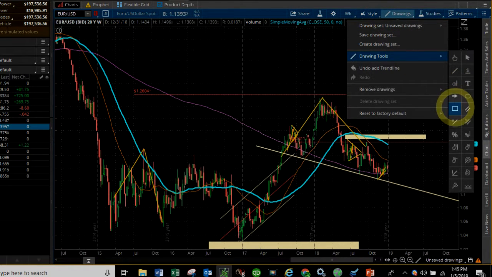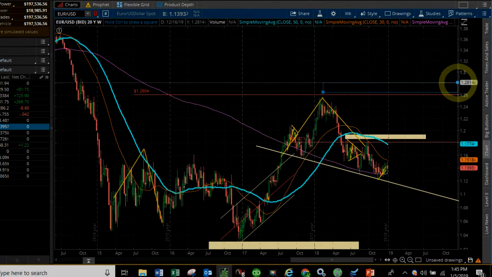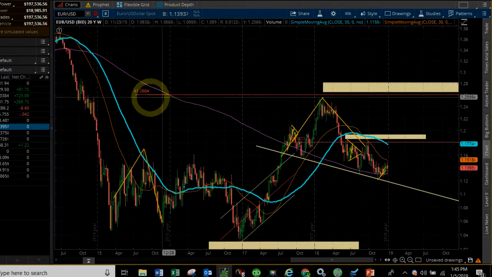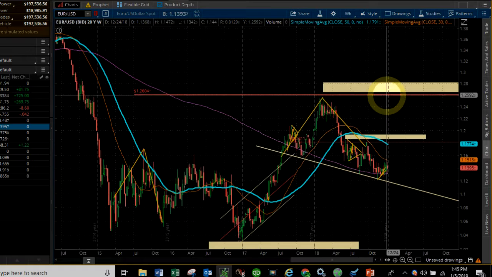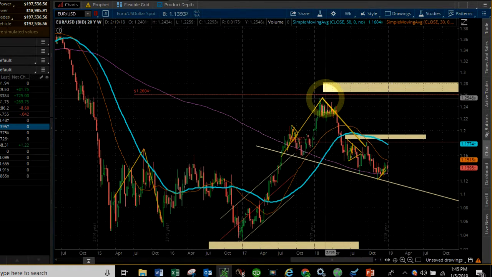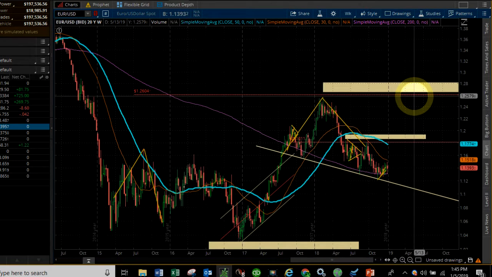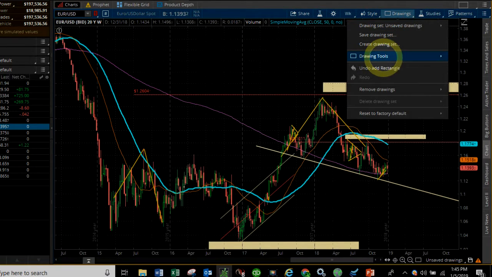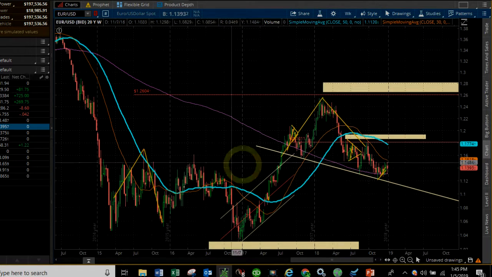But the major resistance, the area that you probably could trade for, is right up in here. And I've got it here also marked with this red line. A lot of times I'll be conservative, so if I'm long the euro, I'll go ahead and take my profits here at the red line. But I'm not surprised if it goes a little further. Okay, all right. Hopefully that makes sense.